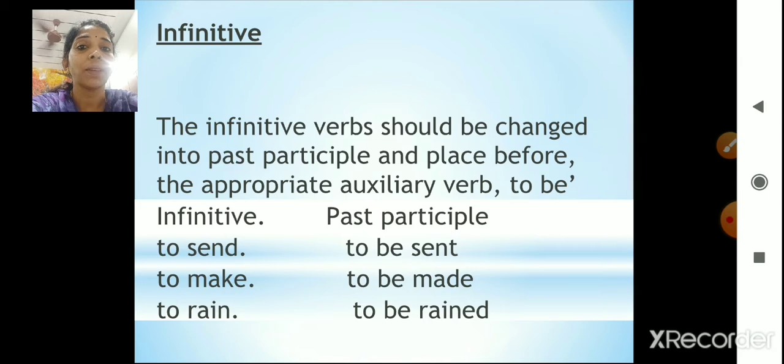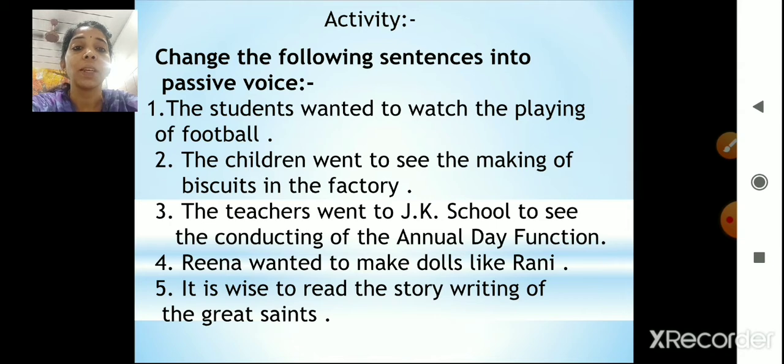Since we have done this revision, now let's start with the activity based on this concept. Change the following sentences into passive voice. The first one: the students wanted to watch the playing of football. What will be the answer here?